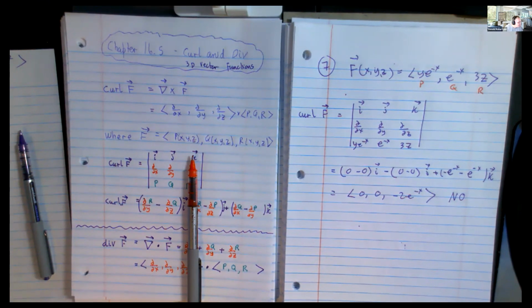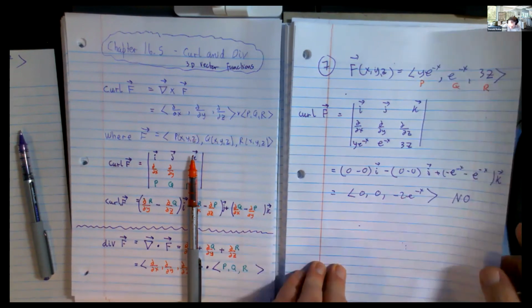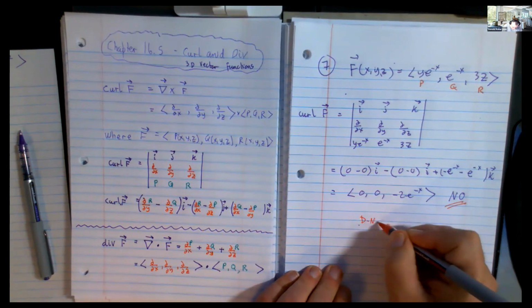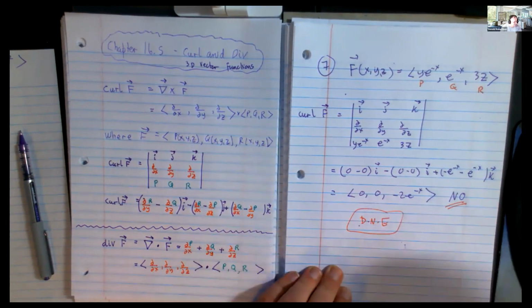They all say, if it is. That one looks promising. Yay, this one works. Okay, that is the correct answer. It is not a conservative field, so the answer goes in your box, does not exist, and it's finished.